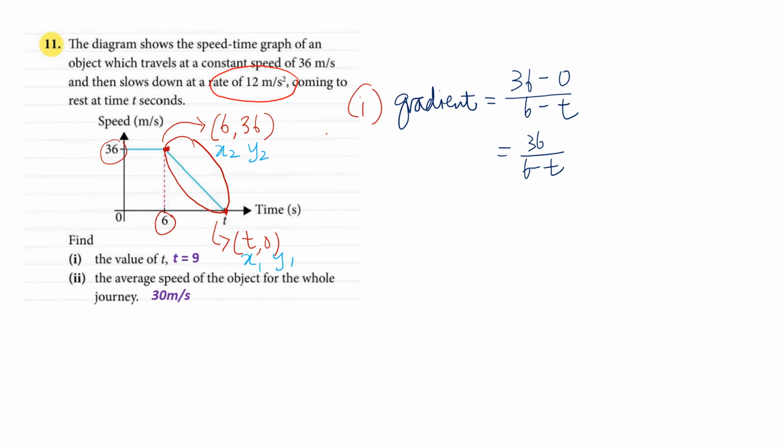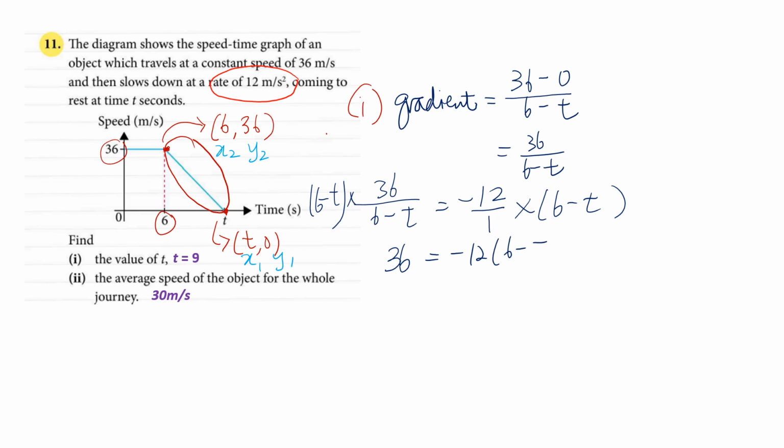It's not equal to 12 because we're talking about deceleration. So 36 over 6 minus t equals negative 12. We can multiply by 6 minus t on both sides, which gives you 36 equals negative 12 times 6 minus t. Again, I'm going to change the position: put whatever you need to find on the left hand side.